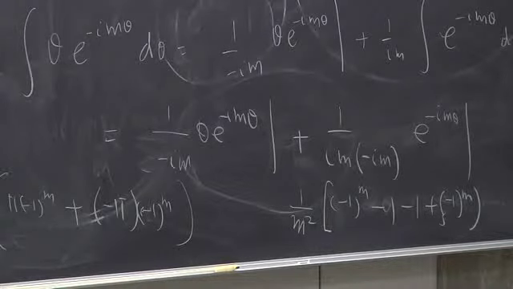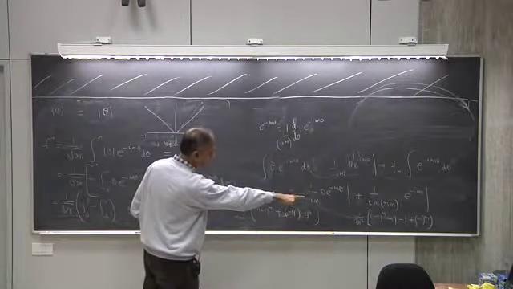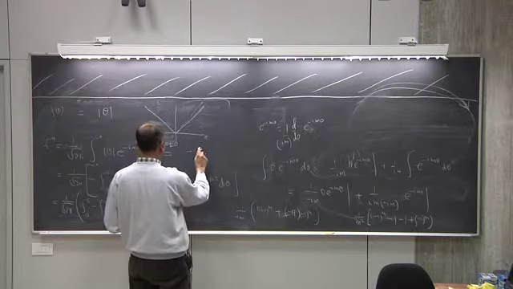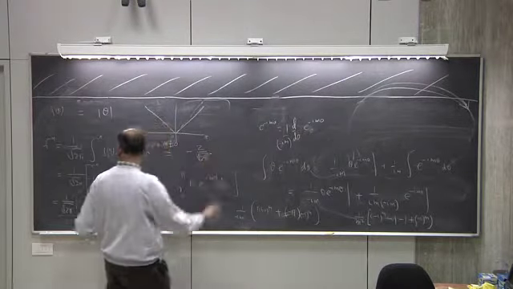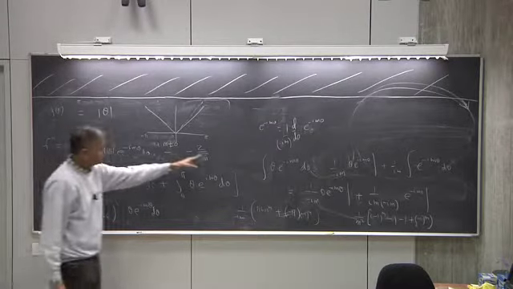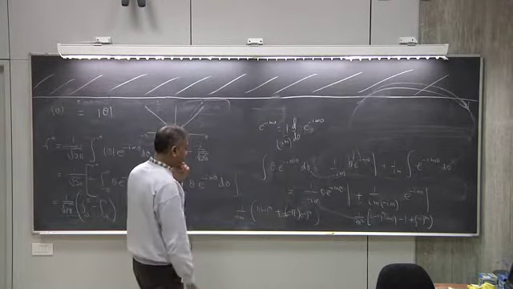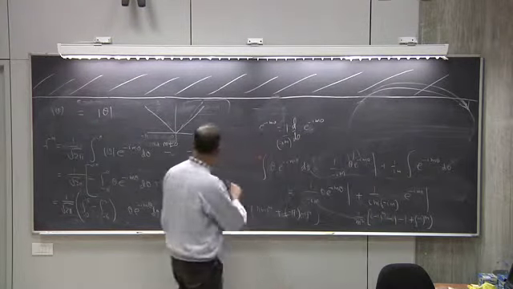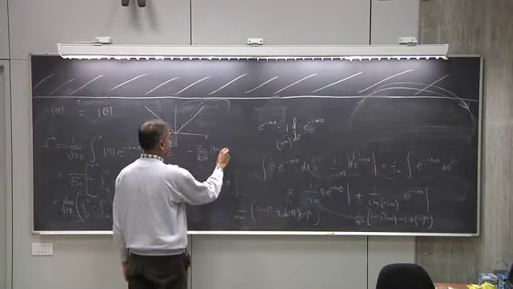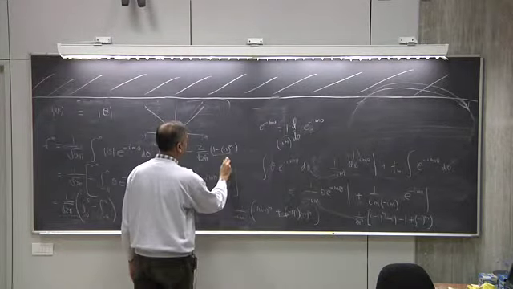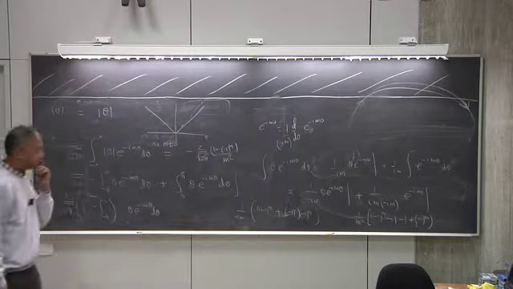For m not equal to 0, it's simply minus 2 over root 2 pi. There is a root 2 pi outside, which I have not taken into account yet. The factor of 2 is because each of them comes with a factor of 2, right? And I've taken out a minus. So 1 minus minus 1 to the m, divided by m squared. This is for m not equal to 0.